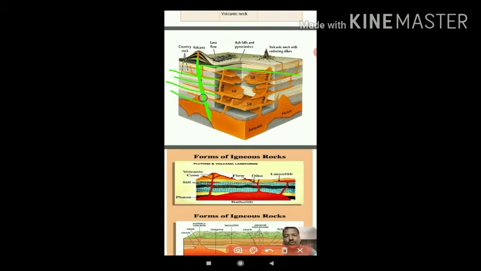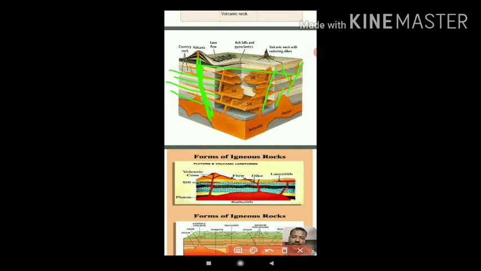Such an intrusion is the discordant form, and such a line, a vertical wall-like column, is nothing but a dike. In this figure you can see that this is also a dike, a vertical or semi-vertical inclined portion which cuts across the bedding planes.